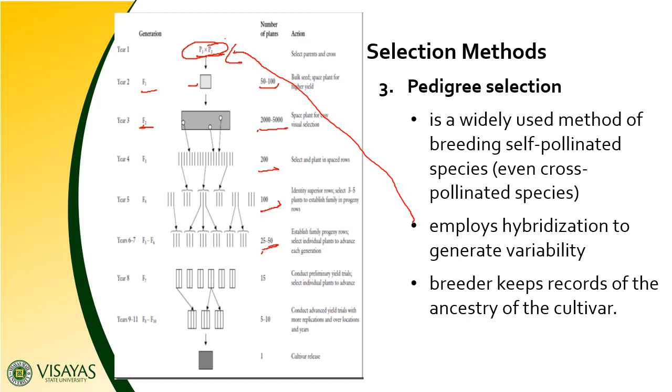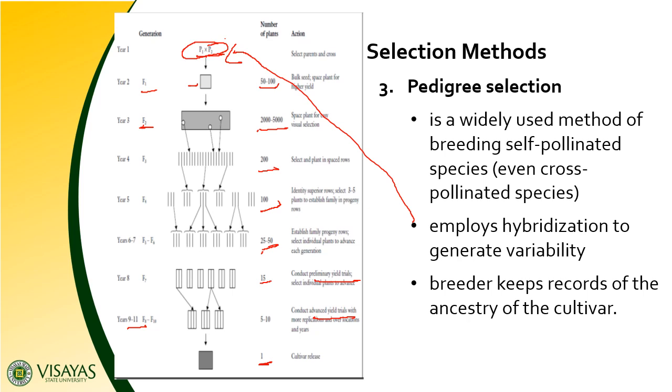And then in the 8th year, only 15 will undergo preliminary yield trials. And in the 9th to 11th year, only 5 to 10 plants go under advanced yield trial, or more replicated trials in several locations and years. Then lastly, you only release one cultivar under pedigree selection.